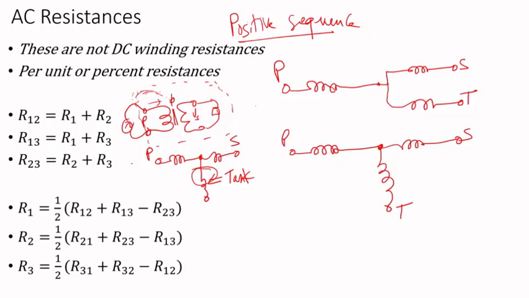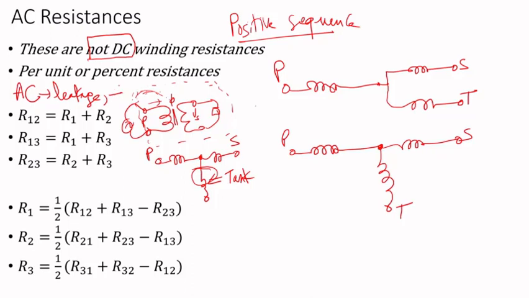This resistance here is not the DC winding resistance. These resistances that I'm talking about here are AC. They are due to leakage and also the winding resistance.